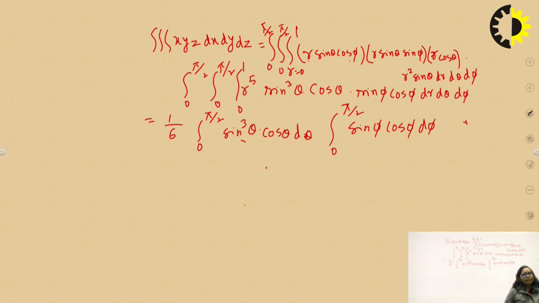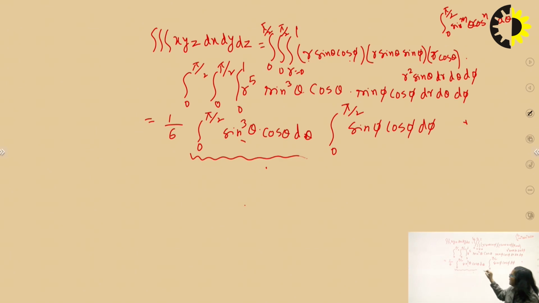You know that in beta and gamma functions you have a formula: integral 0 to pi by 2 of sin to the power m theta, cos to the power n theta, d theta. You can evaluate this type of integral by converting it to gamma functions.